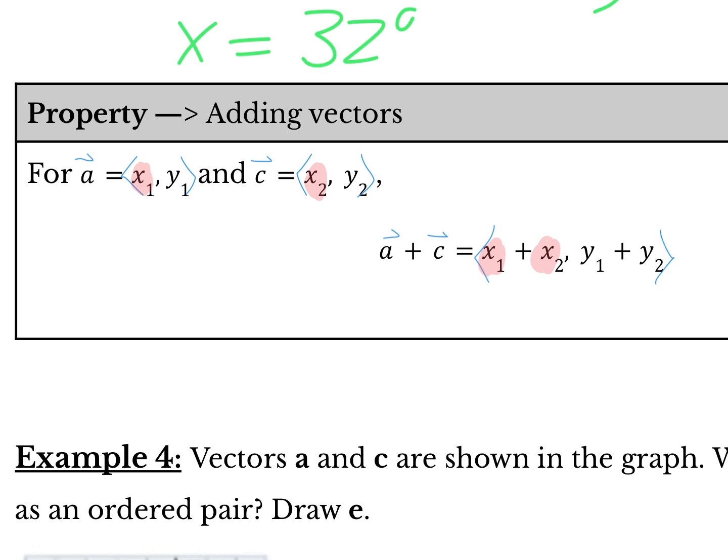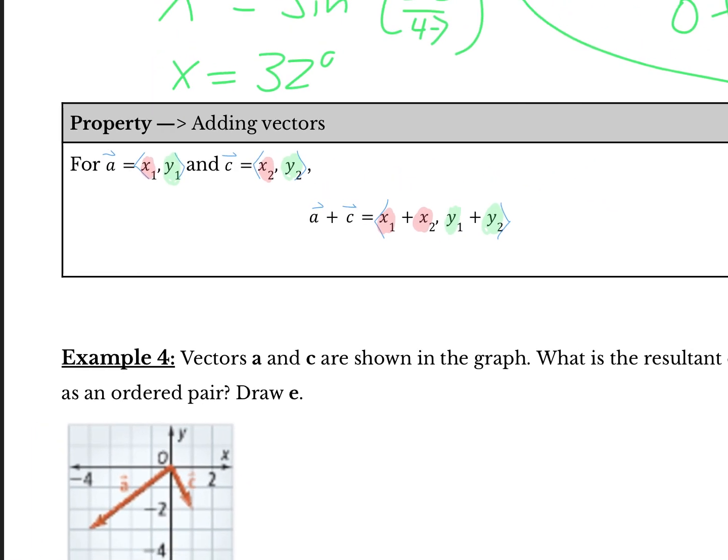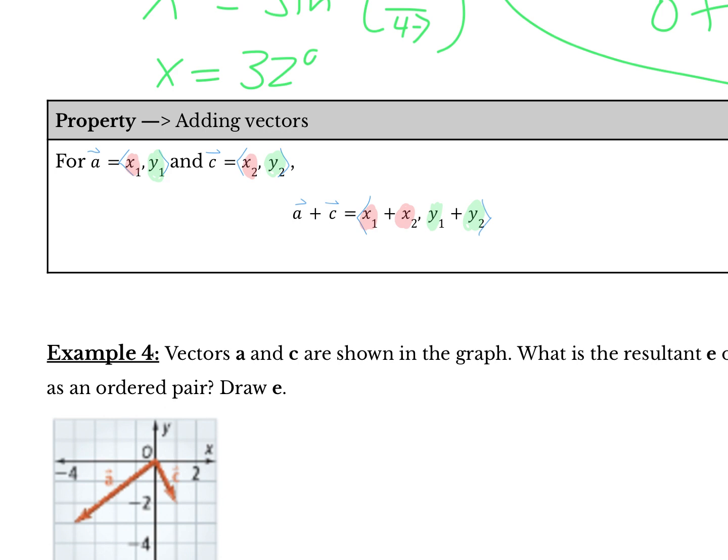And in a similar way, to find the y value of this new vector, I'm going to add up both of the y values from the previous two vectors. Okay. Now, when you add two vectors together, the result is called the resultant.